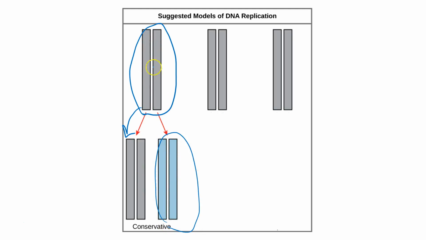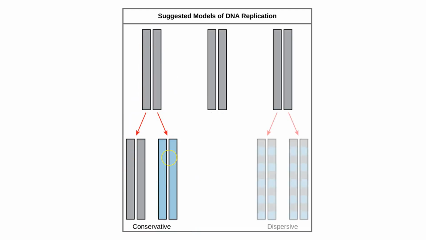So when this double-stranded DNA replicated, it yielded two new double strands. One was all of the original stuff, and the other double strand was all new stuff. This was called the conservative method because all of this DNA was conserved in its original state, and there was just the new copy added to it.